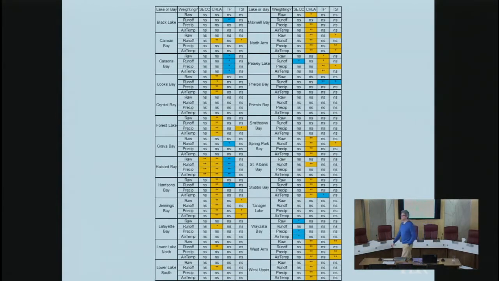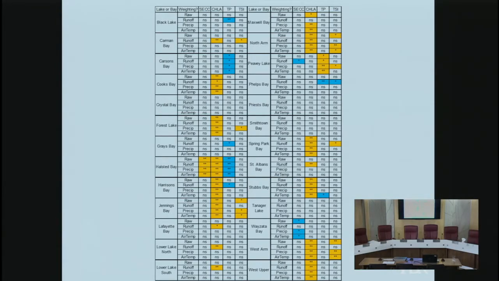If we look at some of the bays in Lake Minnetonka, for the most part, we haven't been able to detect a lot of changes. There are some areas where you've seen improvements in total phosphorus, i.e. phosphorus concentrations going down, say Black Lake, Carson's Bay, Grays Bay, Halsted, a few there.